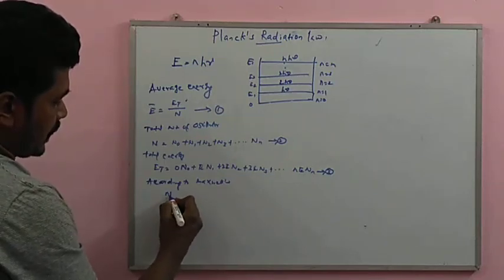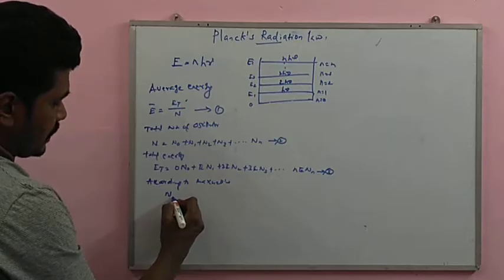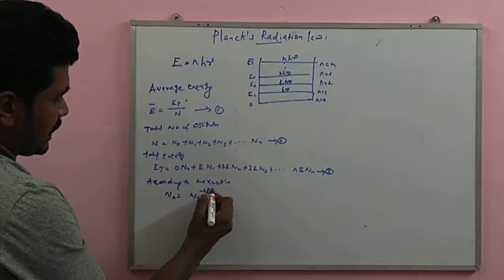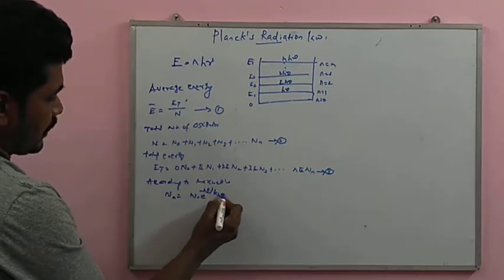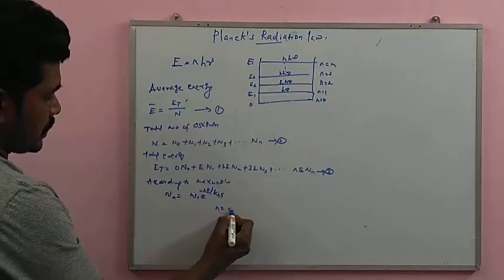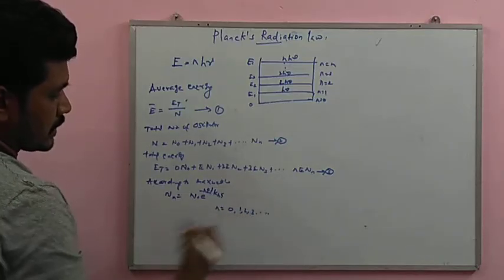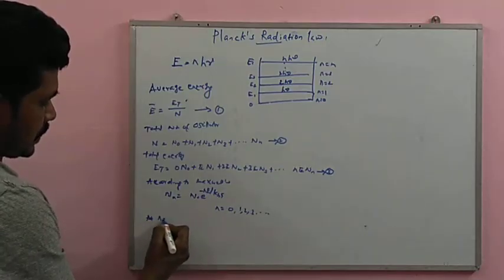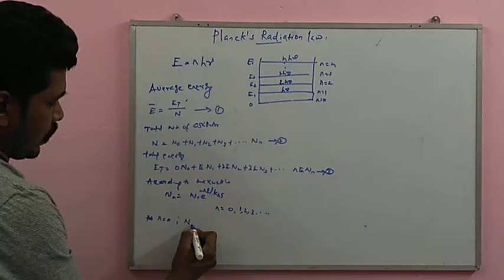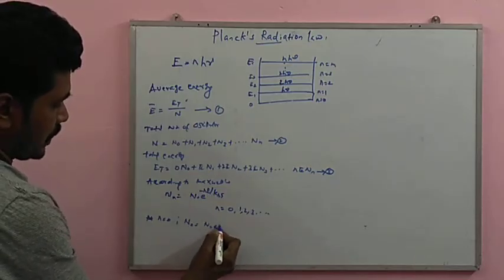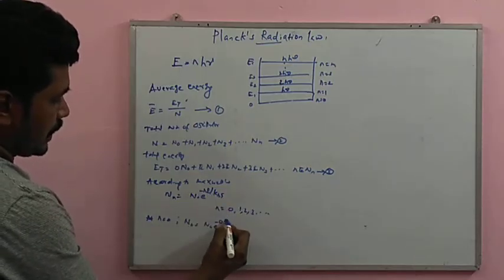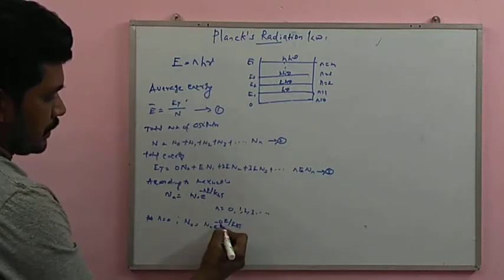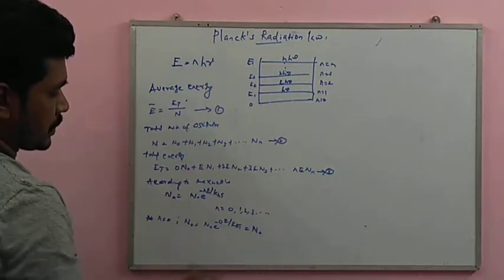So Nn is equal to N0 e power minus n E by kBT, where n is equal to 0, 1, 2, 3, etc. Substituting n equal to 0, N0 is equal to N0 e power minus 0 by kBT. Since e power 0 is equal to 1, the answer is N0 only.